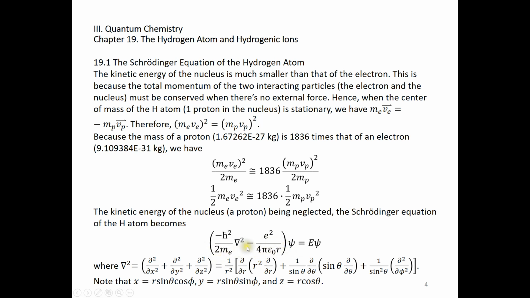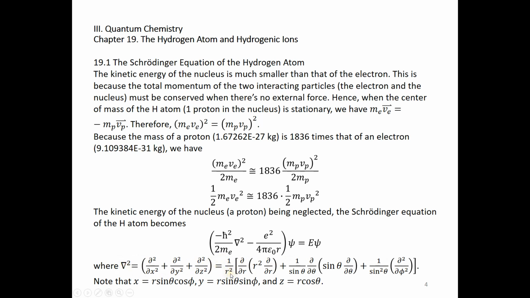The kinetic energy operator is negative h bar squared over 2me times the Laplacian. The potential energy is the attraction the electron feels from the proton, which is negative e squared over 4 pi epsilon 0 times r. And we apply this Hamiltonian to psi: H psi equals E psi. This Laplacian in Cartesian coordinates is the sum of the three second derivatives with respect to x, y, and z, but in spherical polar coordinates, the Laplacian is more complex.